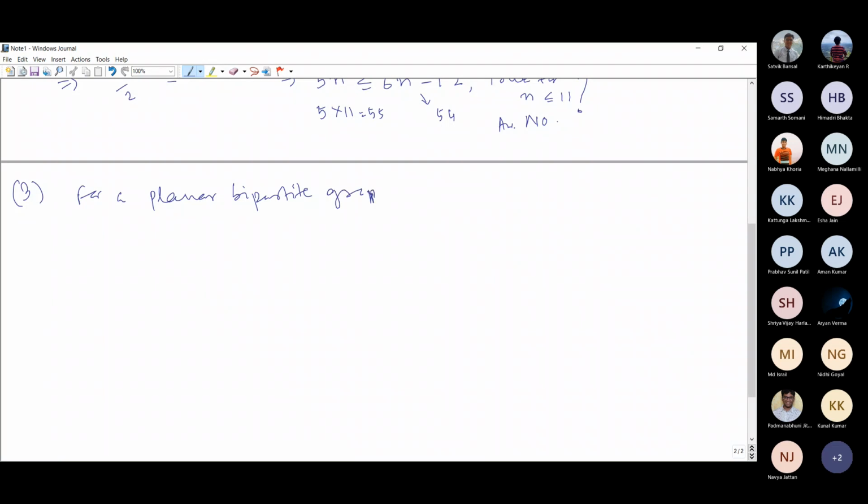Only thing, you use this inequality for a planar bipartite graph: E is less than or equal to twice n minus 4. Okay, use it, and proceed in exactly the same way as the previous problem, problem number 2. You'll be able to get that.